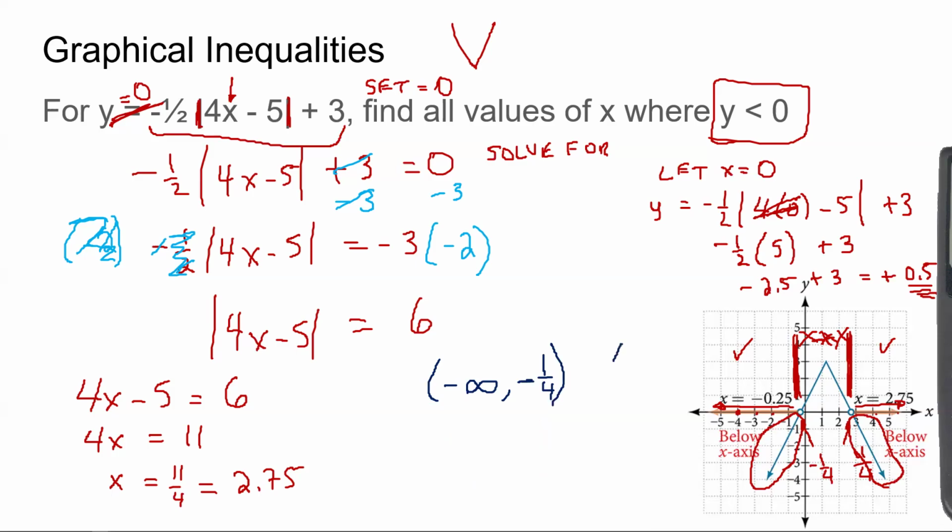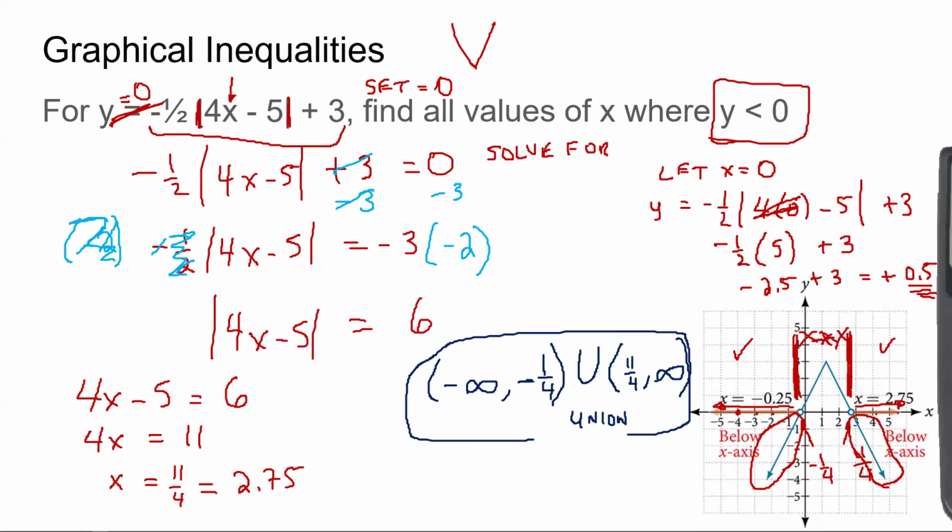And also, I want to go from 11/4, but not 11/4 itself, all the way up to positive infinity. And I need to union these two sets. When we union two sets, we're saying take all this stuff and add all that stuff. Okay, so that U right there says put those together, and that would be the interval notation for our answer on that.